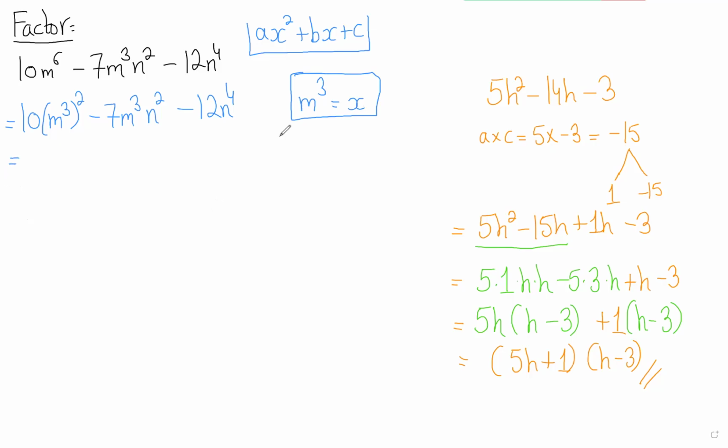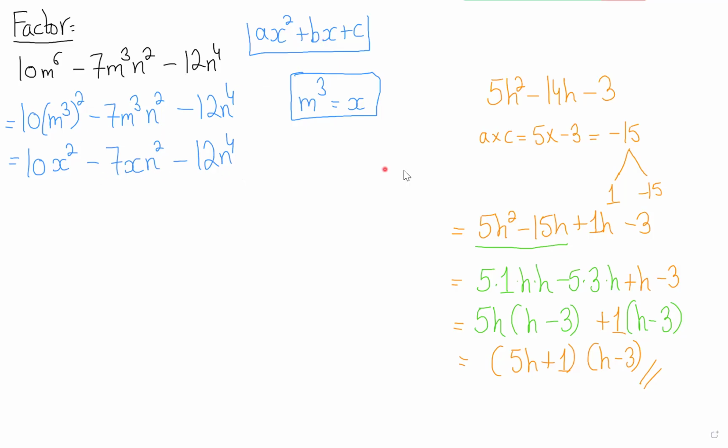If I say m cubed equals x, I'm going to get 10x squared minus 7xn squared minus 12n to the power of 4. Well, this looks promising, right? Because this expression is at least a bit comparable to what we have here.